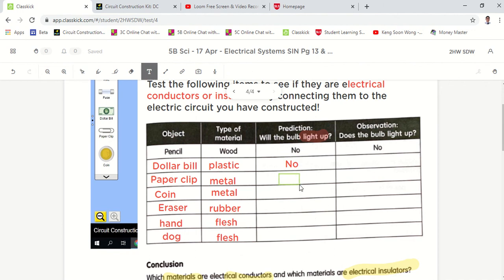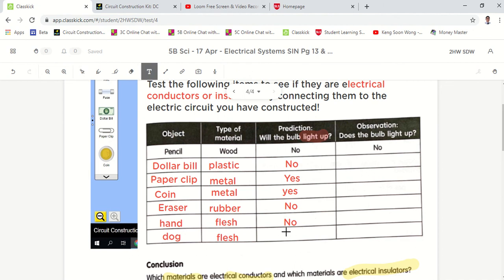Metal, yes, it's a conductor, so it should light up. Coin, which is a metal, yes. Rubber is no, because rubber is not an electrical conductor. And flesh is no, because flesh is definitely not an electrical conductor.